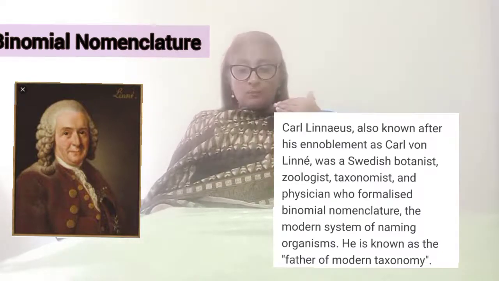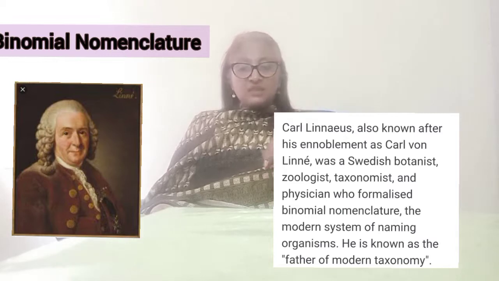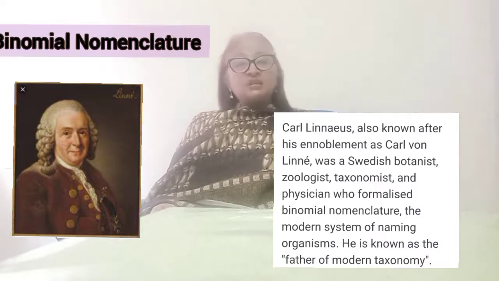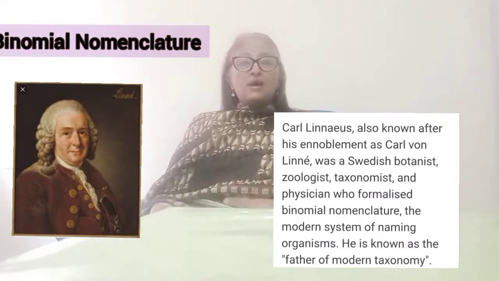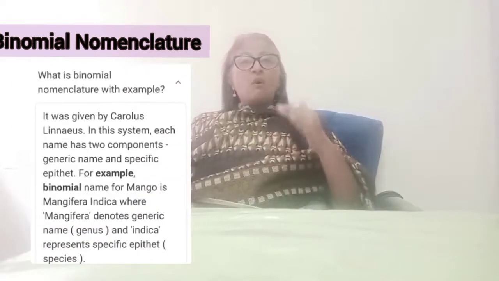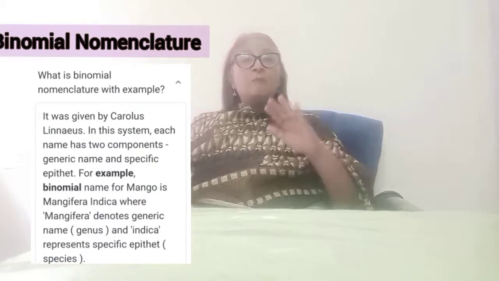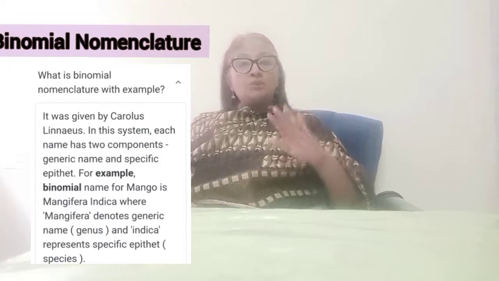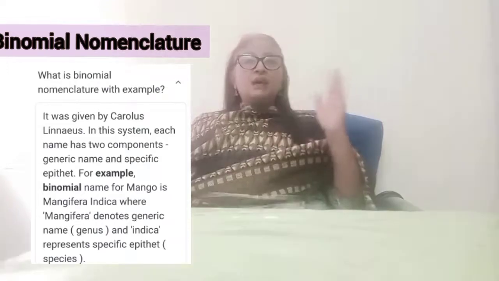He wrote a book called Systema Naturae. And the system of classification is known as Binomial Nomenclature. That means scientific system of naming organisms by two names, binomial, by two names. The two names are the generic and the specific name.